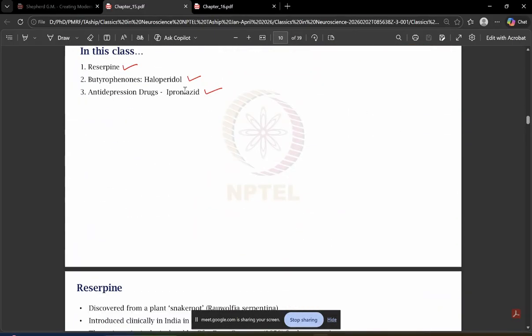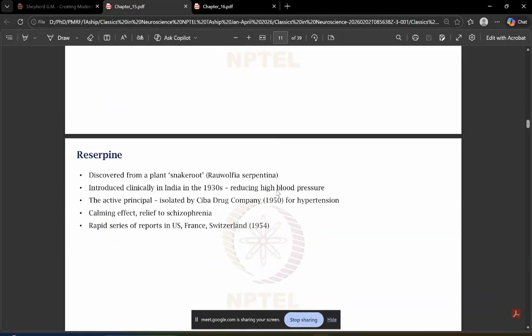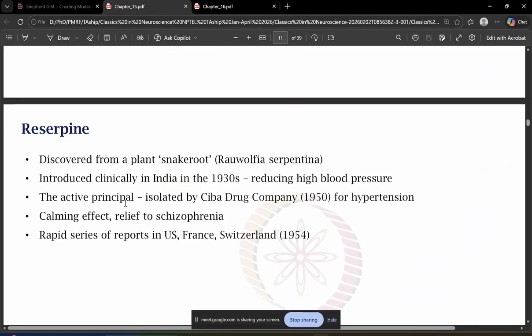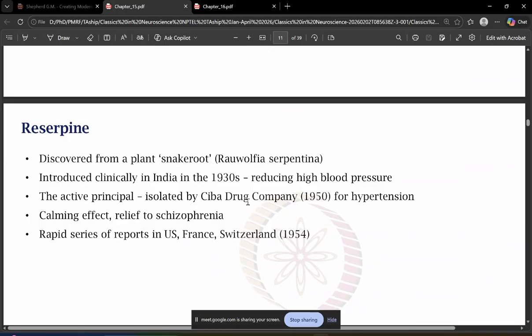Now coming to reserpine that we were supposed to discuss. So what was reserpine? We had discussed this for one of the previous questions. So reserpine was actually discovered from the plant Indian snake root or Rauwolfia serpentina.